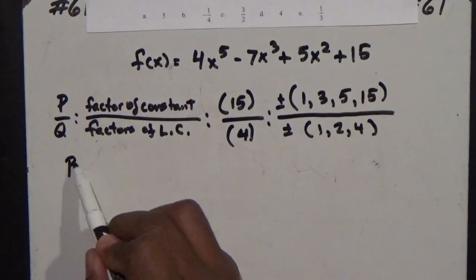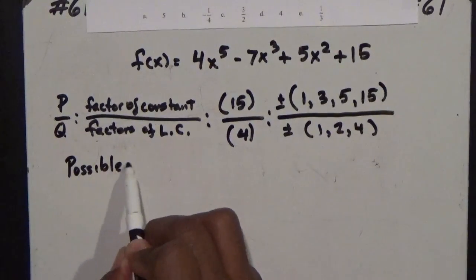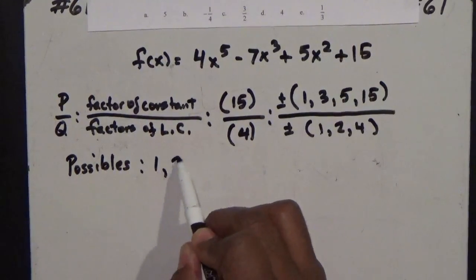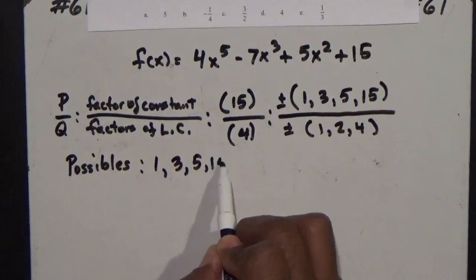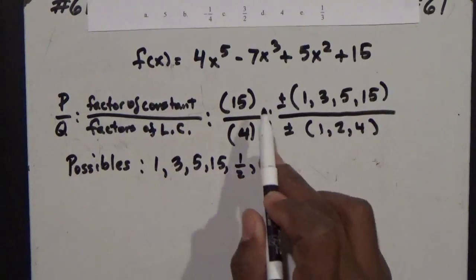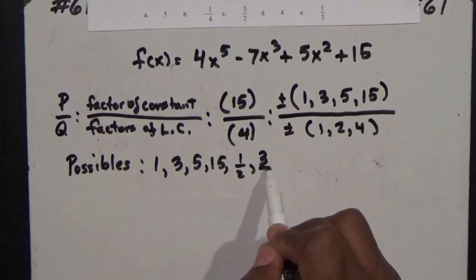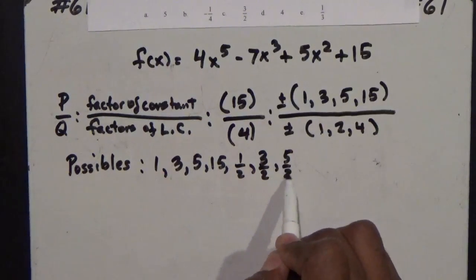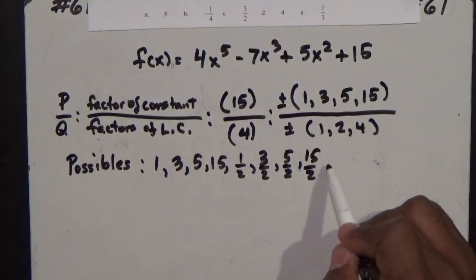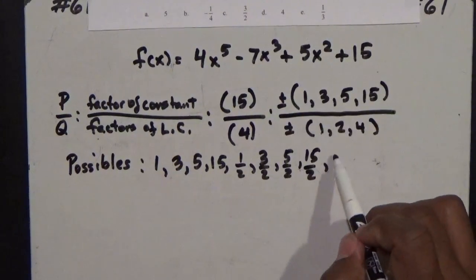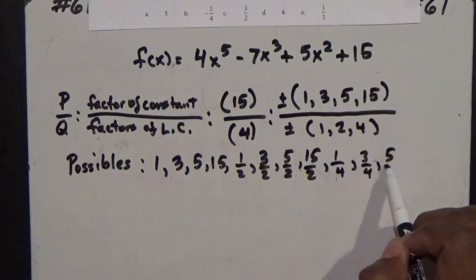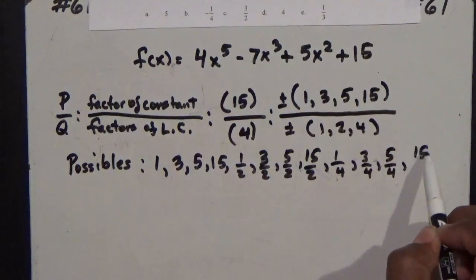So all the possibles would be 1, 3, 5, 15, 1/2, 3 halves, 5 halves, 15 halves, 1/4, 3/4, 5/4, and 15/4.